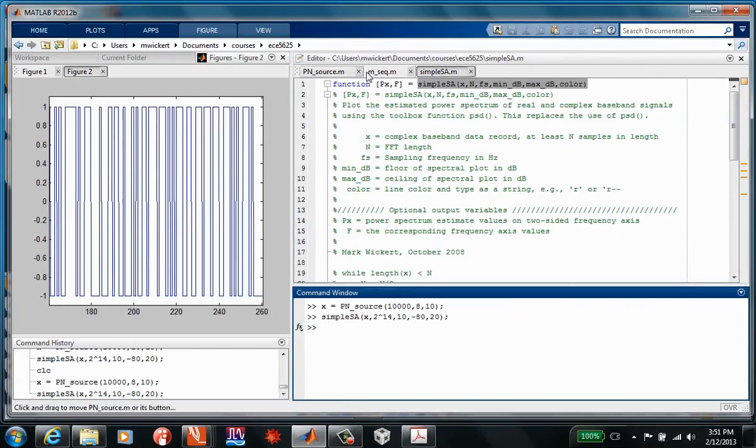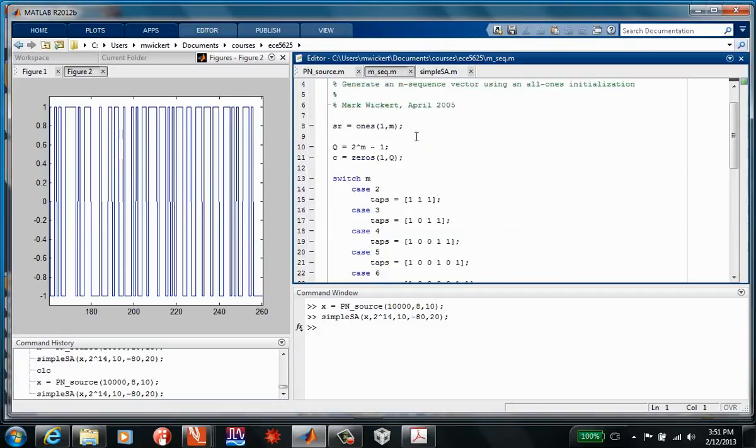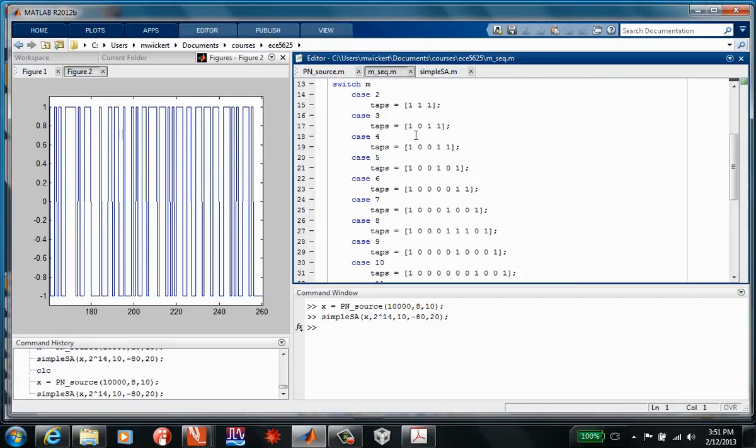This is the PN generator code right here that comes further on in the book, and I forget what chapter it is. Is it in chapter 7? I taught COM2 last semester out of this book, so I should be able to find it. There's a section on spread spectrum that you could read about.